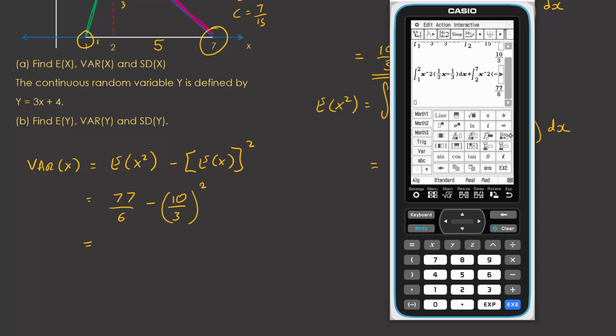We can just drag the last answer down here and take away 10 over 3 squared. And that gives me 31 over 18. And so the standard deviation of x is going to be the square root of that last answer, which is root 62 over 6.